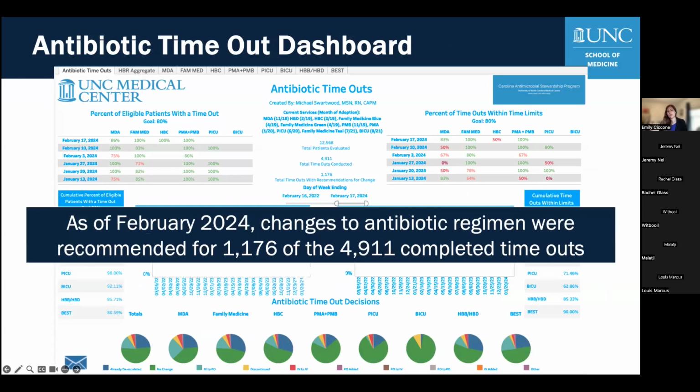And then as of February 2024, a quarter of the completed timeouts actually led to changes in antibiotic regimen. So it was about 25%. So certainly having an impact on antibiotic use on an individual level as well.